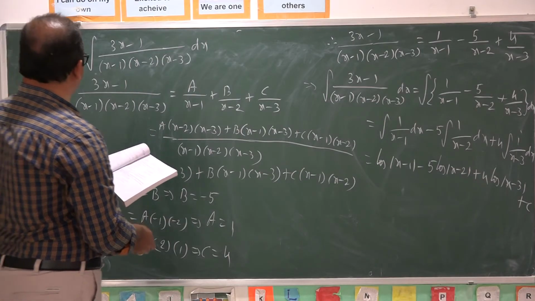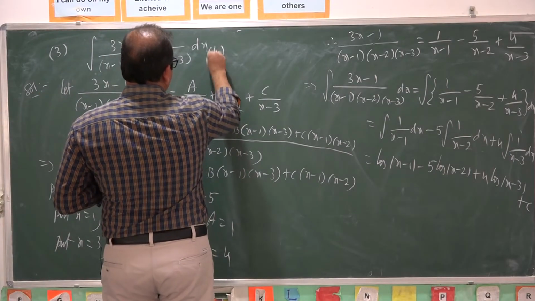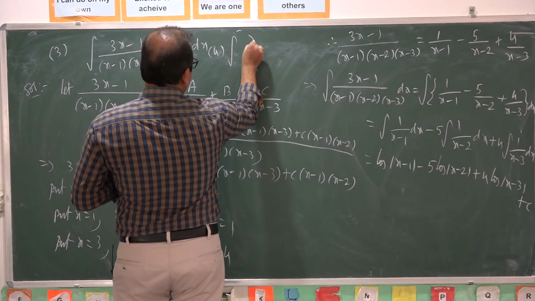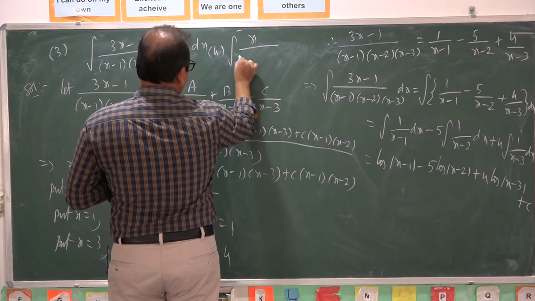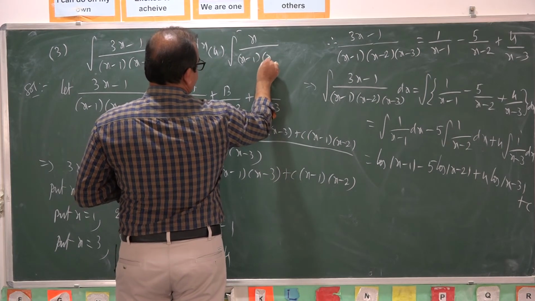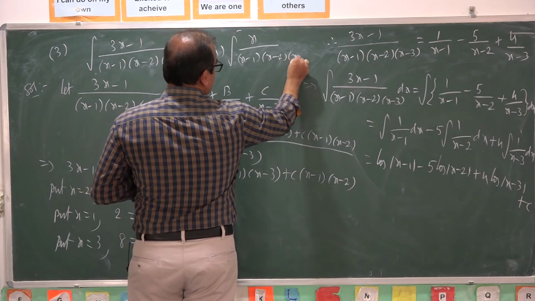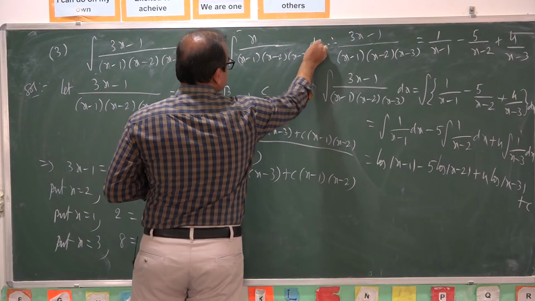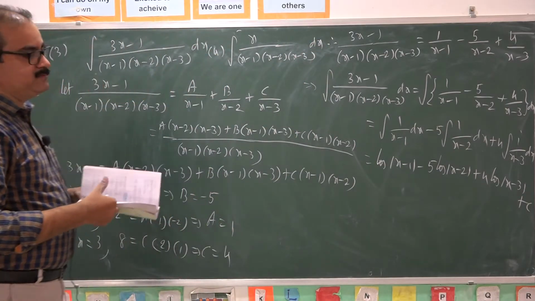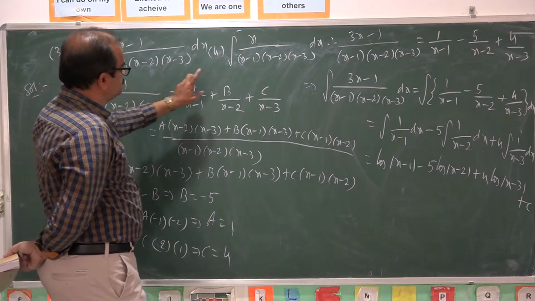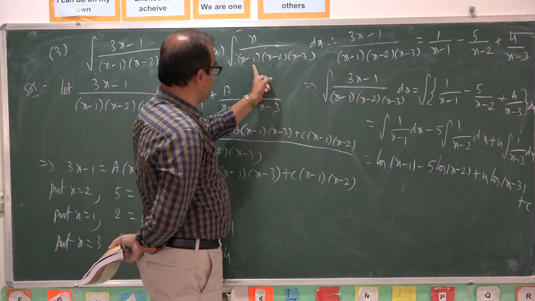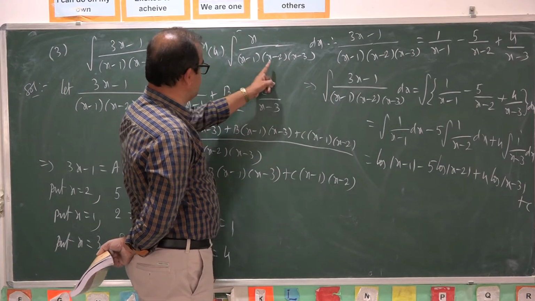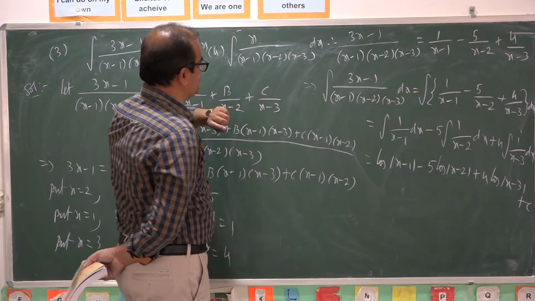Next, the fourth one, in the same model: integral of x by (x minus 1)(x minus 2)(x minus 3) dx. Try to do this problem in the same model. In the denominator, what are the factors? x minus 1, x minus 2, x minus 3.